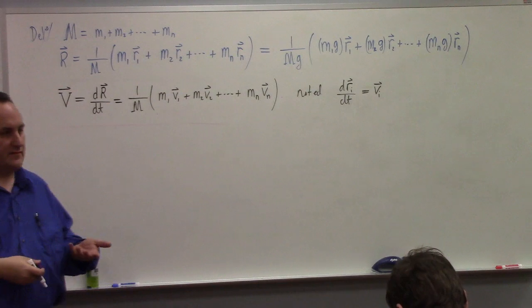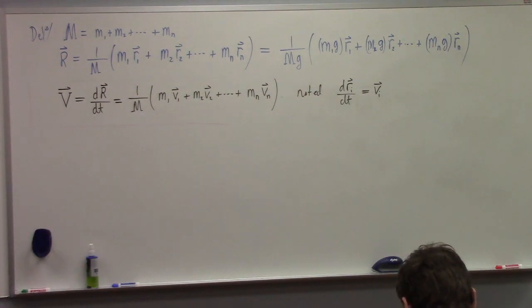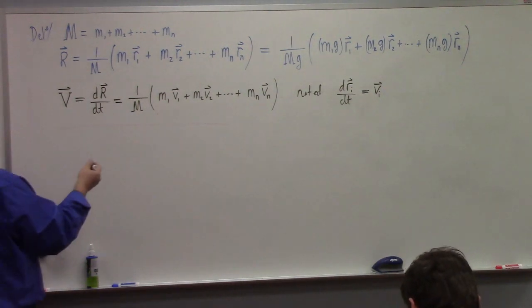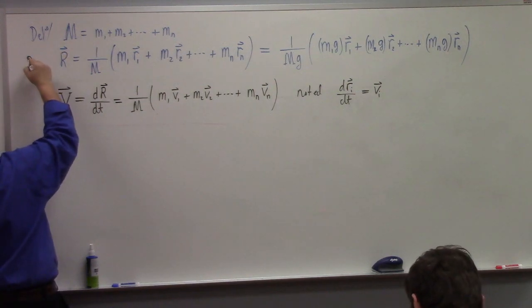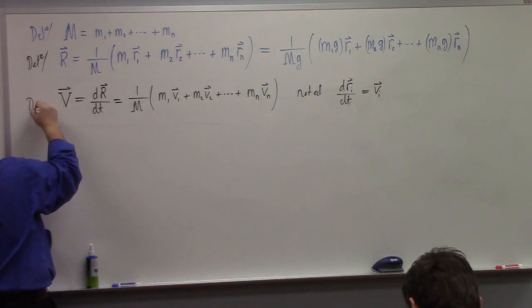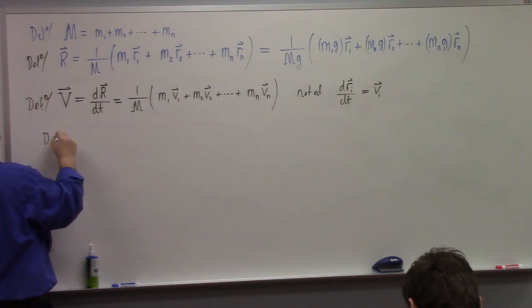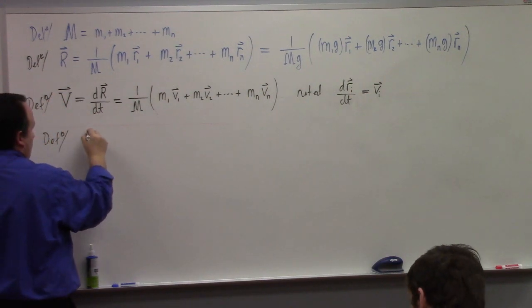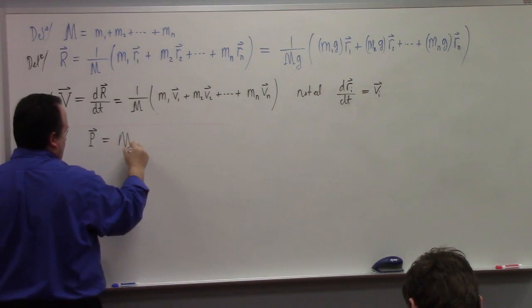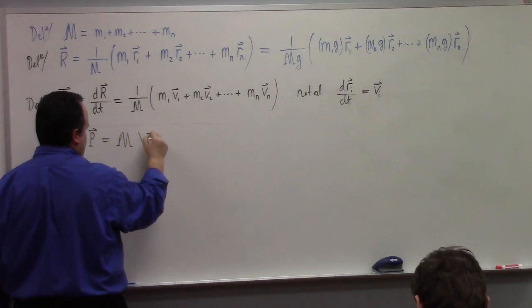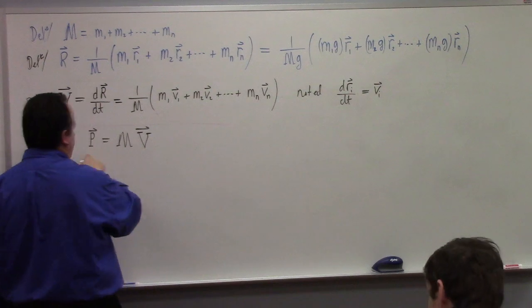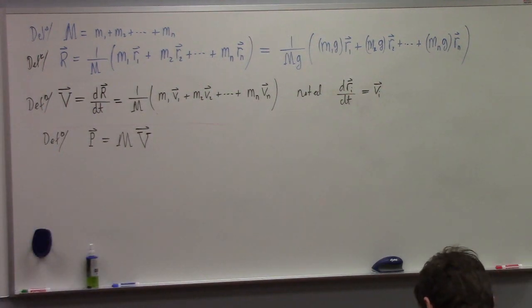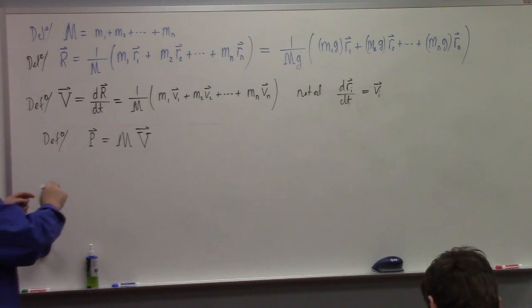So the velocity of the center of mass is likewise the weighted average of the velocities of the masses. And of course, then we define, this is the definition, okay, guys? This is also a definition. I'm defining big P. The definition of the big momentum is the total mass times the velocity of the center of mass, which is literally equal to what?